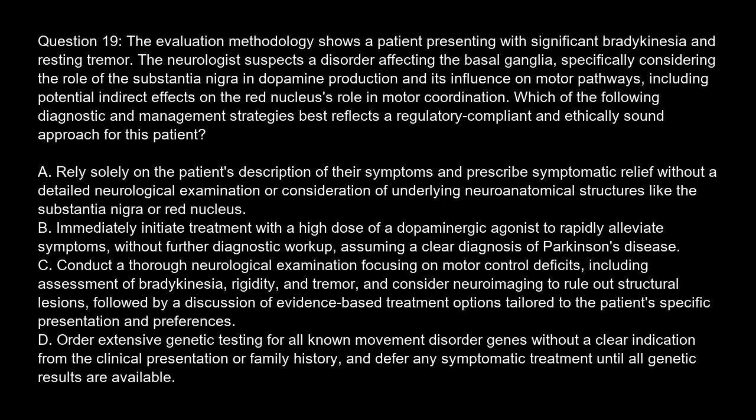Option C. Conduct a thorough neurological examination focusing on motor control deficits, including assessment of bradykinesia, rigidity, and tremor, and consider neuroimaging to rule out structural lesions, followed by a discussion of evidence-based treatment options tailored to the patient's specific presentation and preferences. Option D. Order extensive genetic testing for all known movement disorder genes without a clear indication from the clinical presentation or family history, and defer any symptomatic treatment until all genetic results are available.